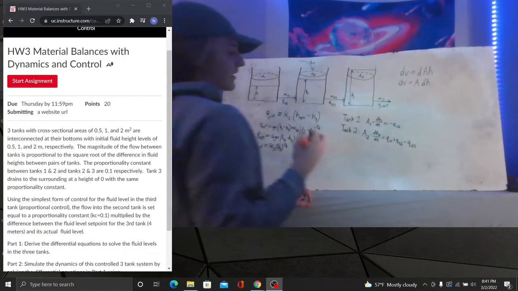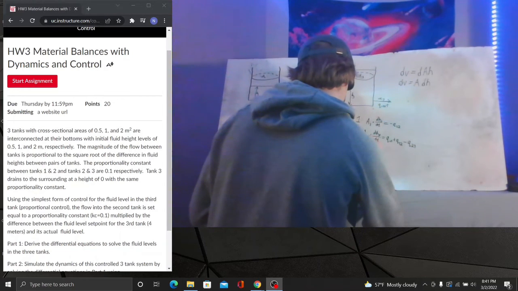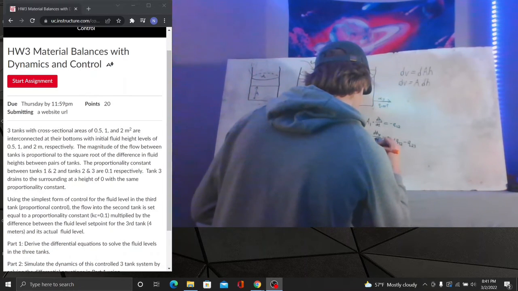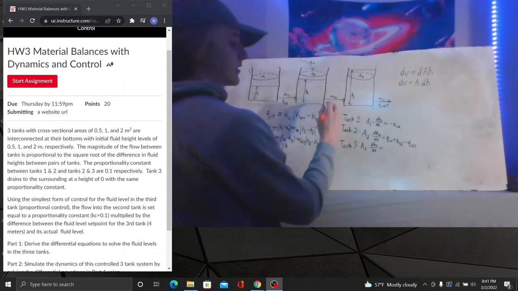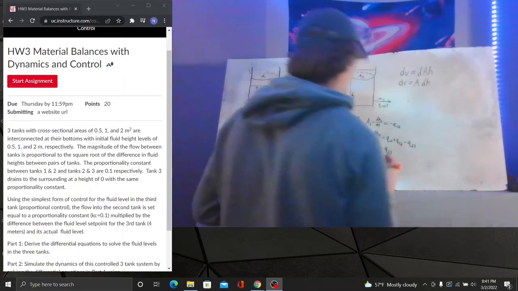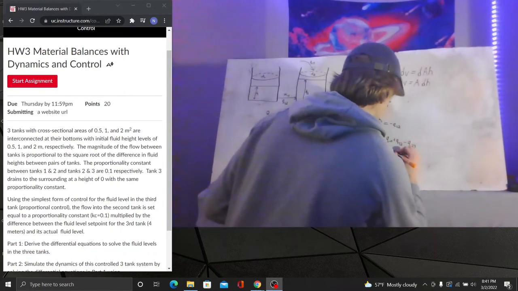And then finally, tank 3. Tank 3 will be area 3 times dh3 over dt will be equal to, and now it's our Q23, and then minus our Q out.